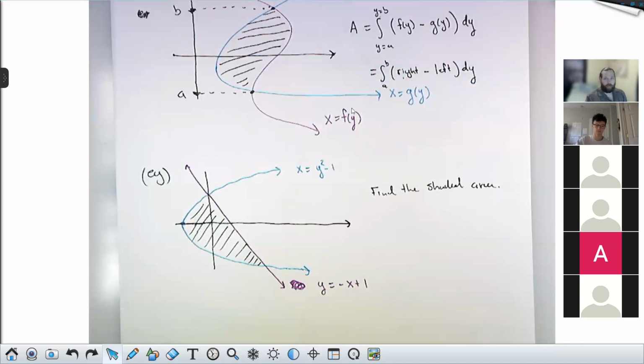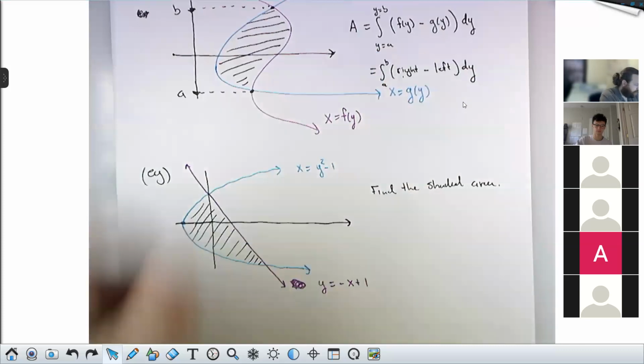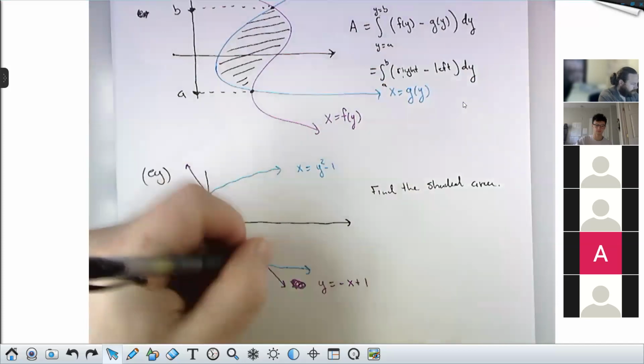So we're going to set this up using the dy integral, the right minus left scheme. In order to do that, I need the intersection points.